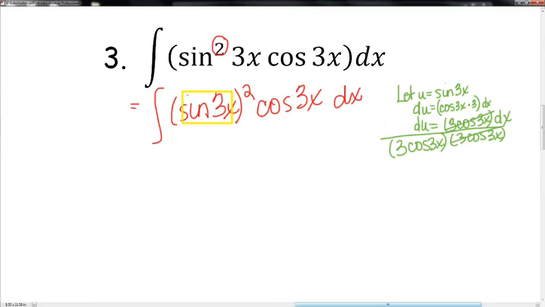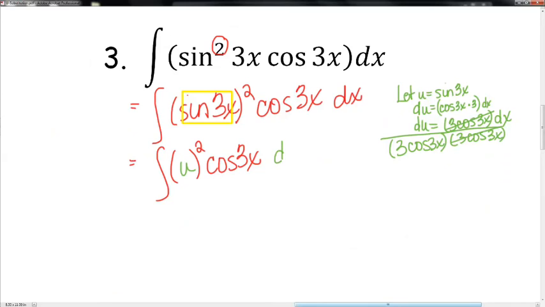So let's go ahead and substitute in. Okay, my sine of 3x, that's my u. Then cosine of 3x. And instead of writing dx, let's write our du.